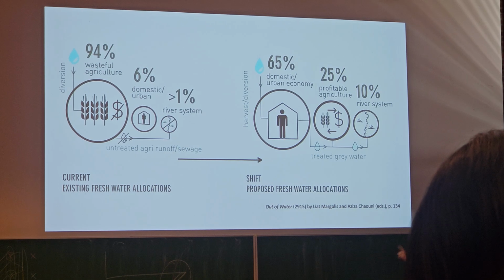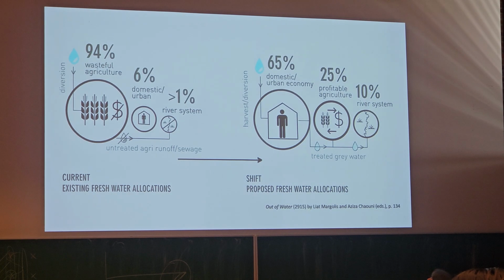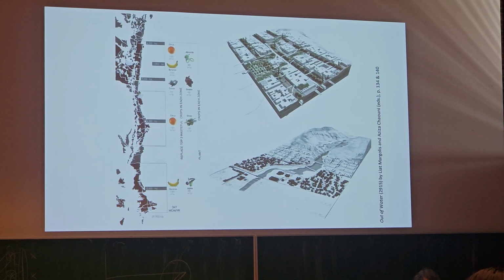We can in the end give much more back to the river system itself, so we can restore an ecological system. So the 10% versus the 1%, but also that we can fit the priority. So this was, and again, they developed a lot of cases of how to do this, and a particular focus is actually about decoupling things that have been coupled and trying to understand how to change this.